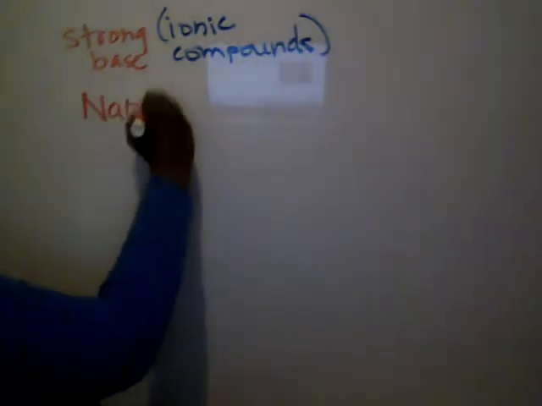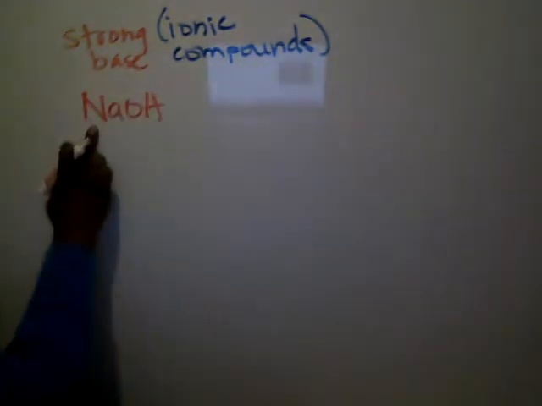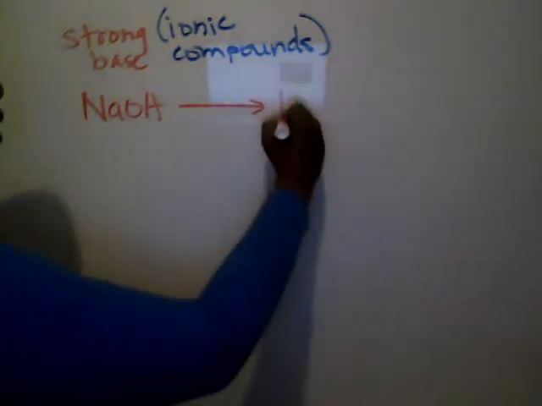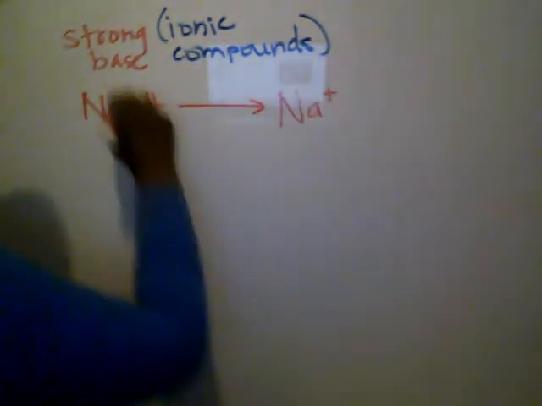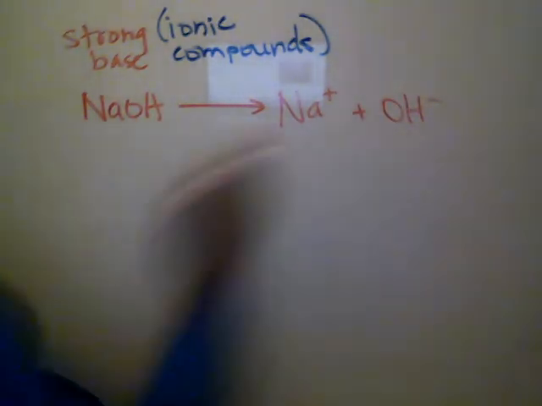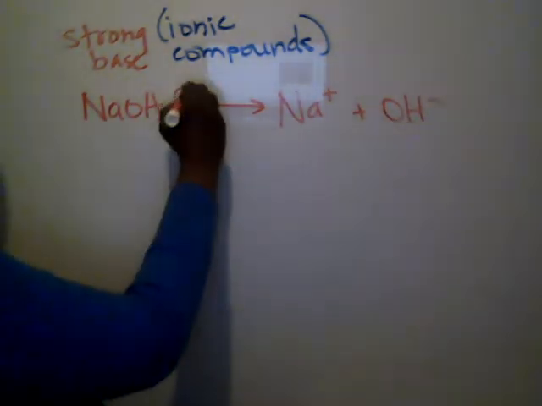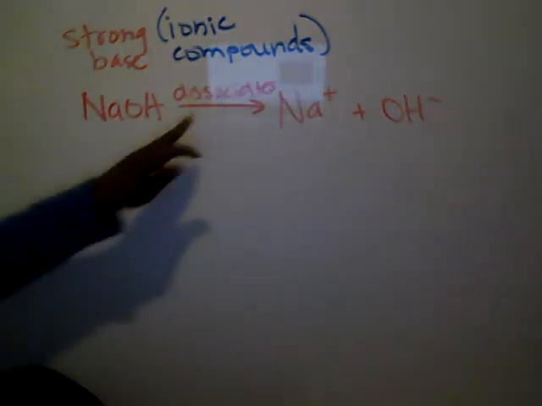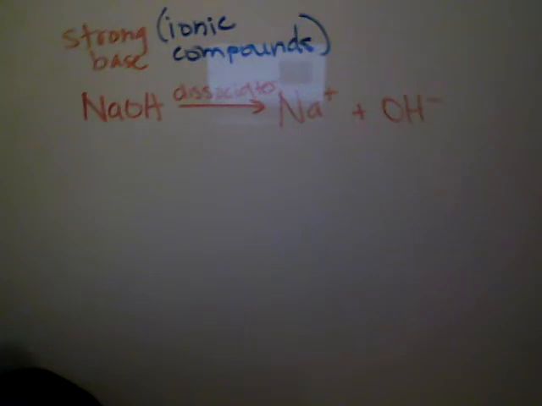So if we have a base, something like NaOH, sodium is in that first column, so this is a strong base. When strong bases get added to water, they completely break apart, literally right down the middle, into the metal and the hydroxide. Okay, and we would just say that this dissociates. And again, that's a special word that we use for bases or ionic compounds.